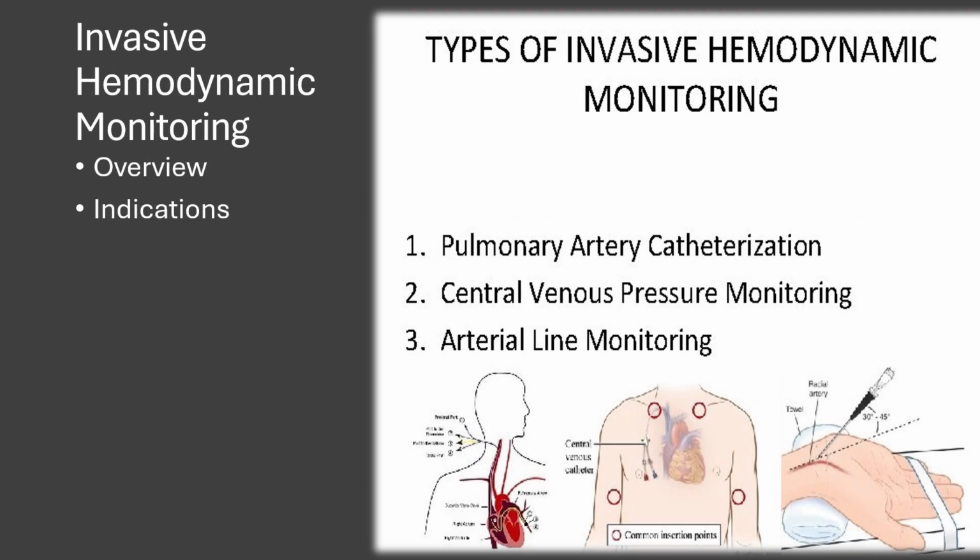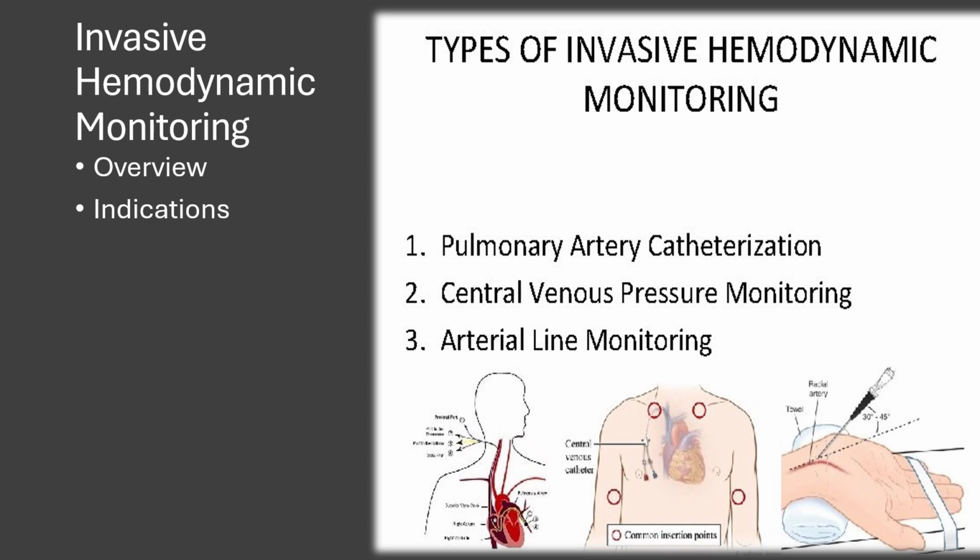Sometimes a patient's condition will warrant us to utilize invasive hemodynamic monitoring because this can often provide us with a more comprehensive or complete picture of our patient's overall hemodynamic status.